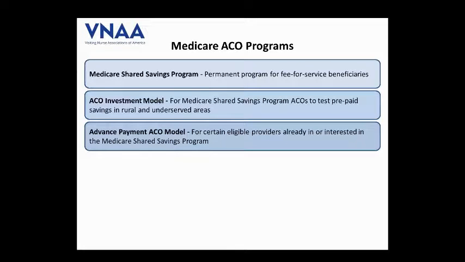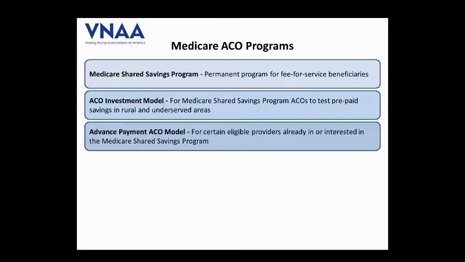CMS also offers several opportunities for providers to get some upfront investment to help them build their ACO capabilities. So this is the ACO investment model and the advanced payment ACO model. As I mentioned before, generally the only money that exchanges between the payer and the ACO is for when there's a situation of either shared savings or shared losses. Generally in ACO programs, the payer does not provide any upfront funding to providers to establish the ACO.